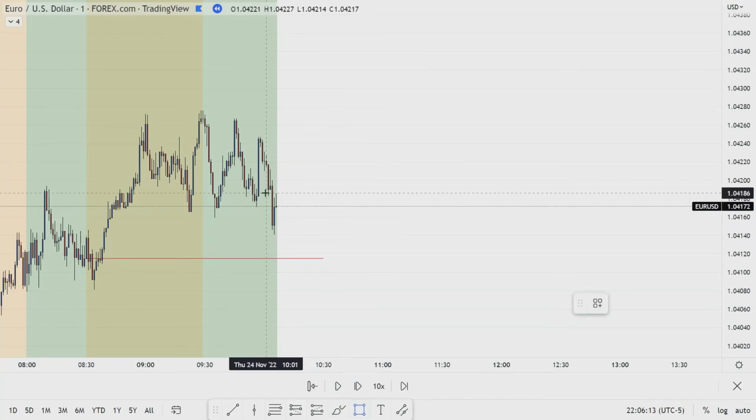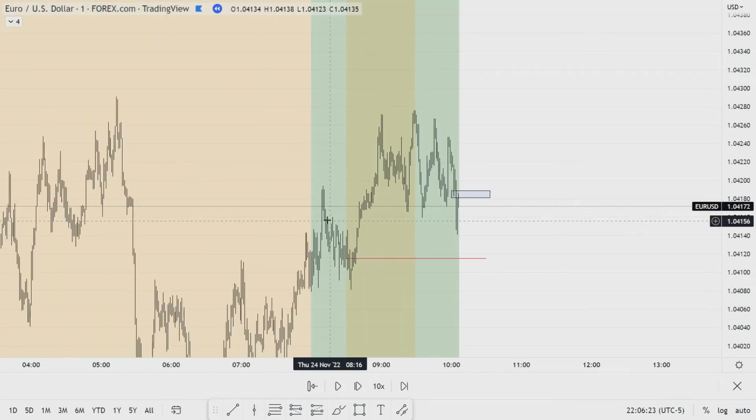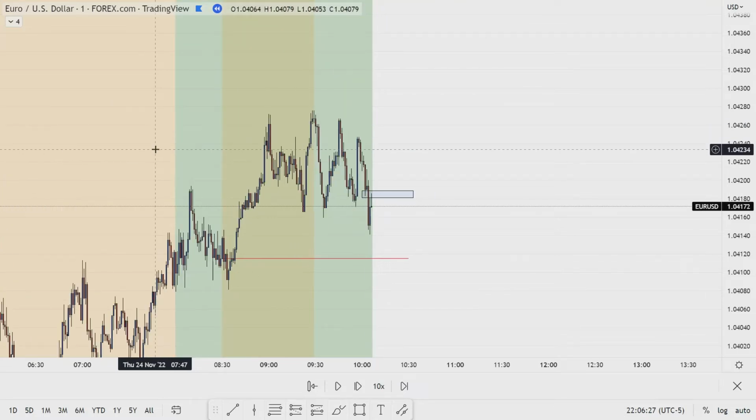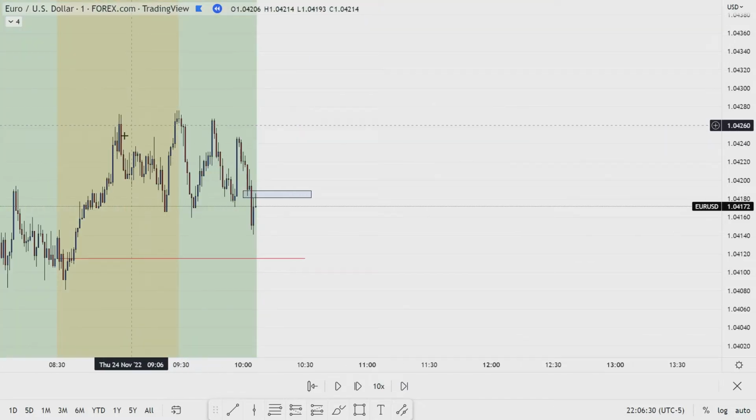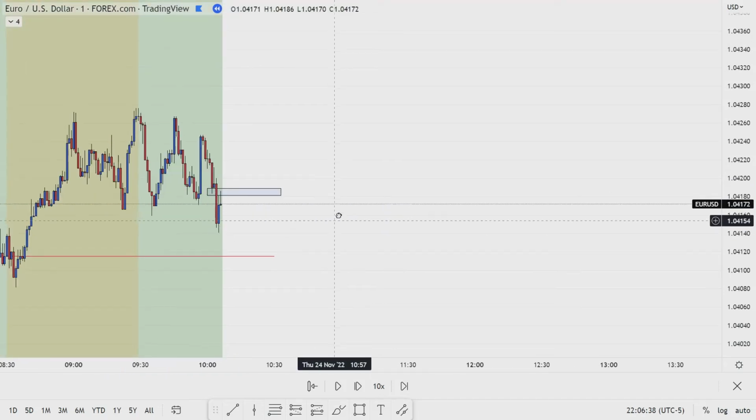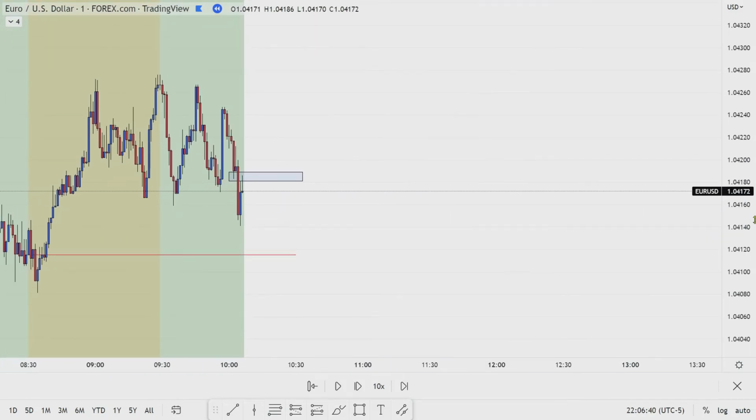I'm gonna mark that. But we don't have that high from London being taken out, or any high over here being significantly taken out. We could say this right here was taken out, but personally I don't feel it that much.